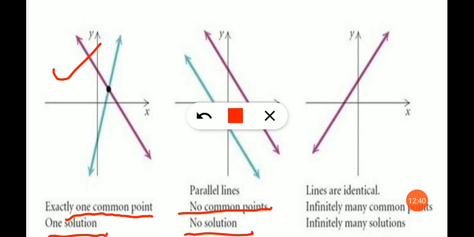Sometimes the lines are identical, or coincident, which means they lie on each other. The first line is this, and the second green line will also lie on this line only. In this case there are infinitely many common points, because all the points are common, and hence there are infinitely many solutions.